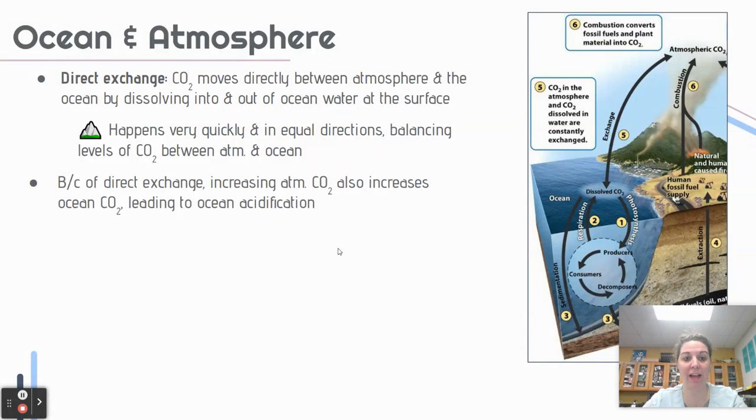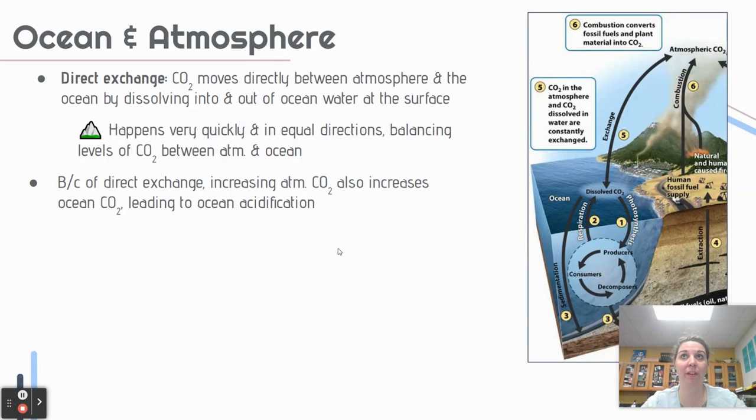So because of that direct exchange, when we have more carbon dioxide in the atmosphere, that's going to lead to more carbon dioxide in the ocean, which leads to ocean acidification, which has pretty severe consequences for the organisms that live in the ocean, because as that happens, the pH of the water is lowering.